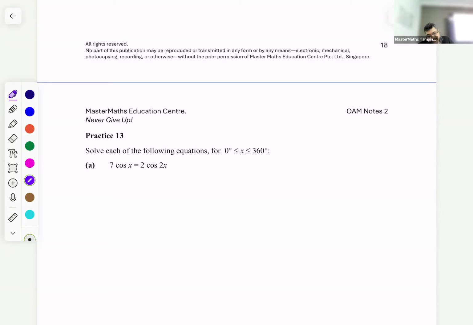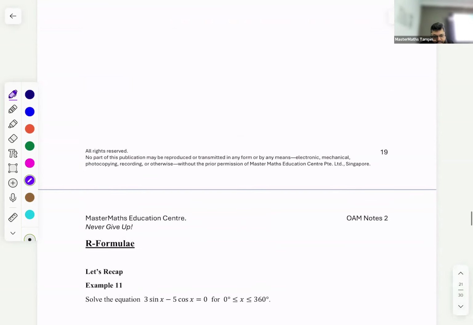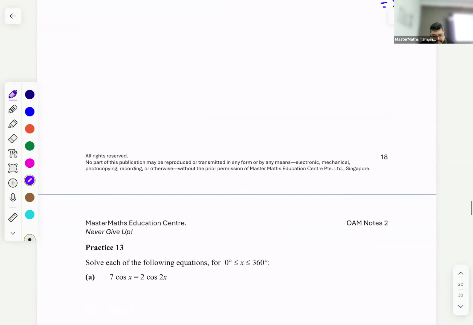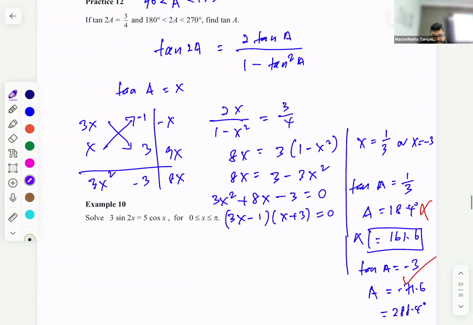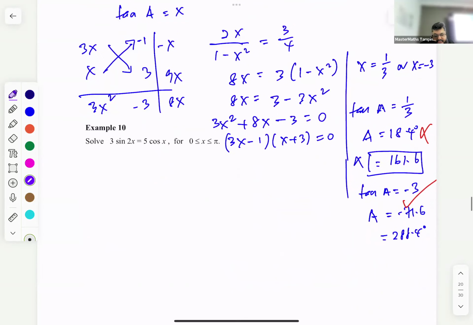Okay, come. Enough of your handphones. Put it away. Okay, now start on this practice 13. Once we have finished with practice, example 10. Again, this one.